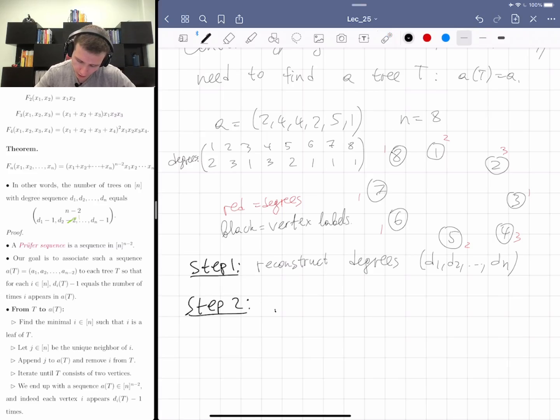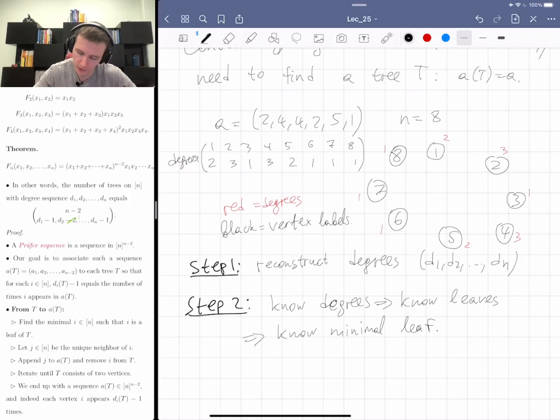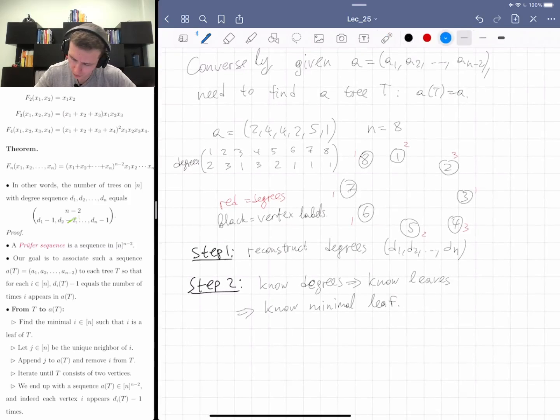So if we know the degrees, then we know which vertices are leaves, and we also know the minimal leaf, which in this case is 3. 3 is the minimal leaf.